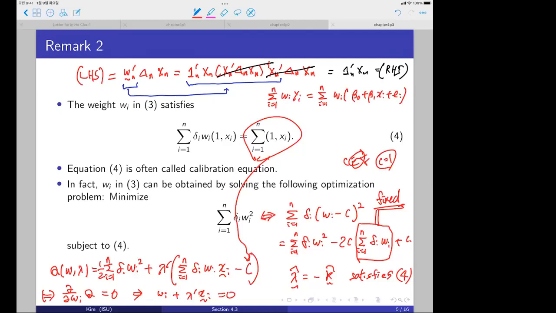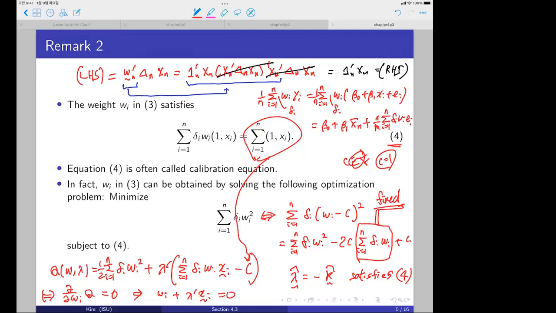Oh, sorry, I have a delta i. So the summation of wi, delta i, wi, yi. If you do that, the nice thing is, because of constraint 4, you already have this one, and what you are left with is delta i, wi, ei.